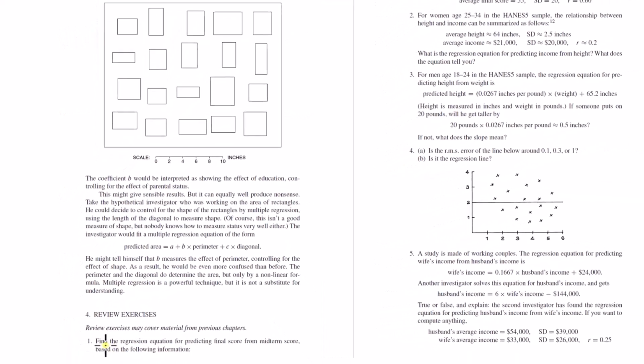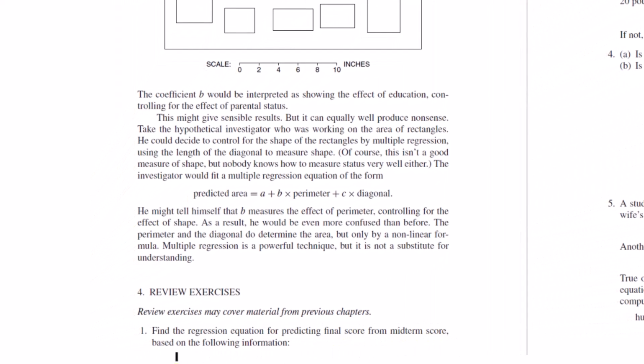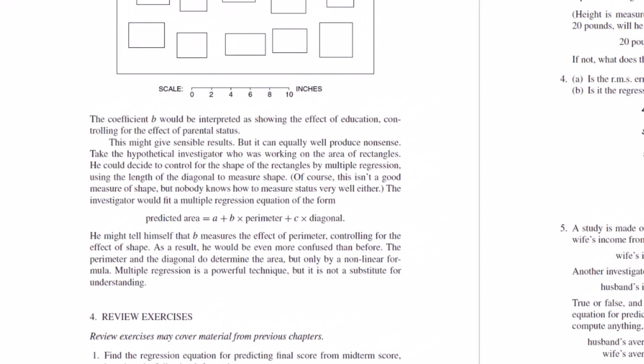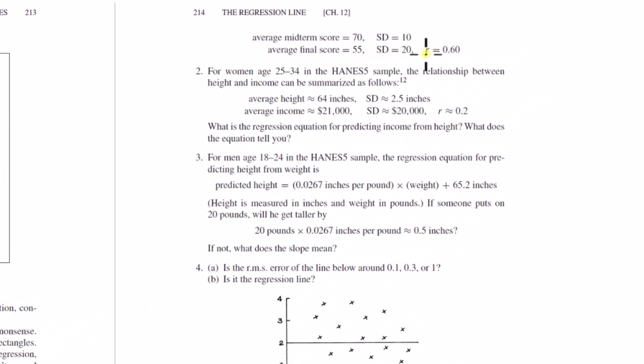Okay, first problem, find the regression equation for predicting final score from midterm score based on the following information. Okay, so if we come here, there's the average midterm score, there's the average final score, the standard deviation, the correlation coefficient. We want to find the regression equation for predicting final score from midterm score. So midterm score is the input.